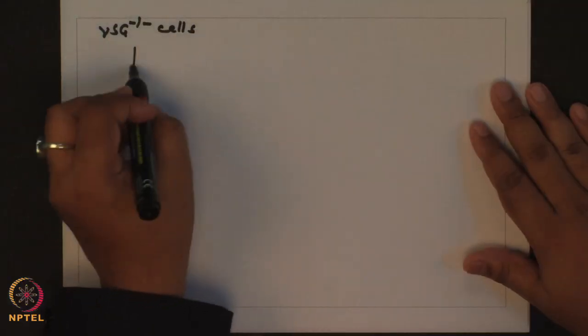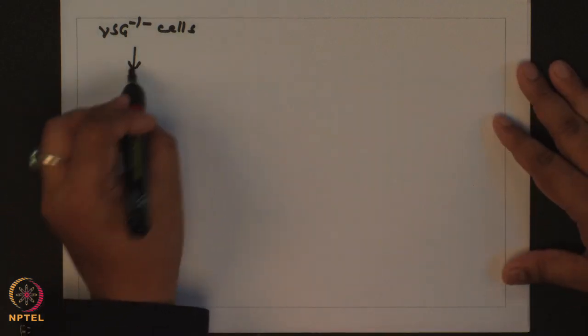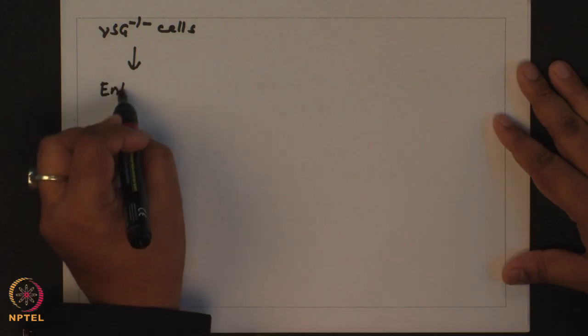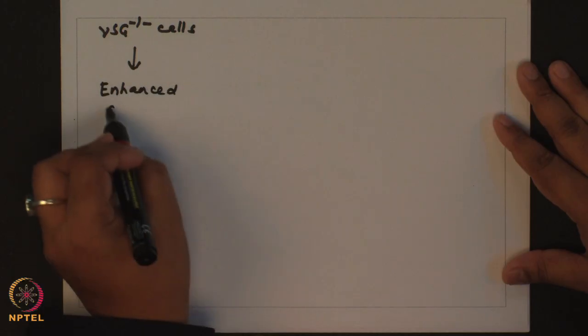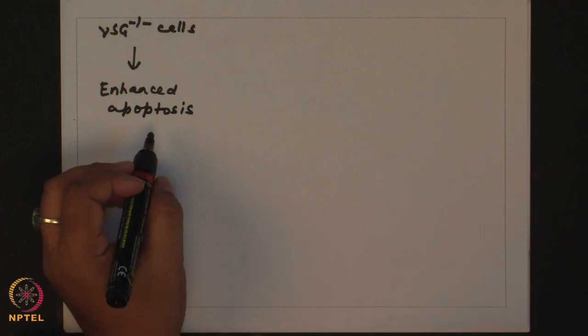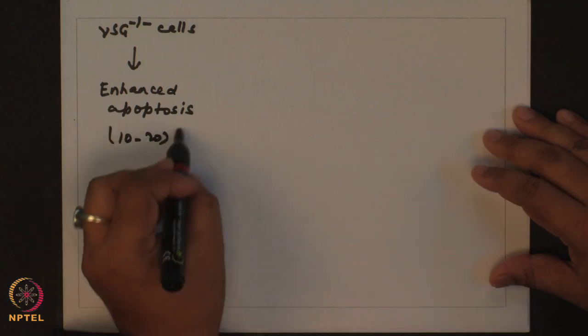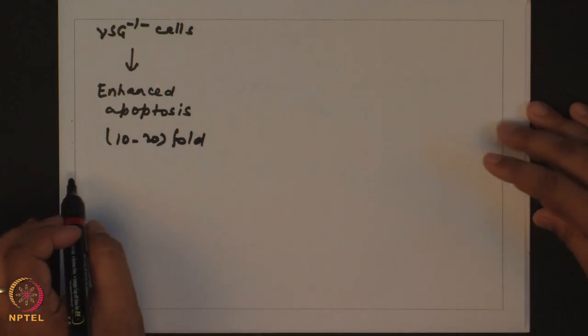What has been observed is that gamma sarcoglycan deficient cells, compared to normal or wild type, exhibit enhanced apoptosis, nearly a 10-20 fold increase in apoptosis.